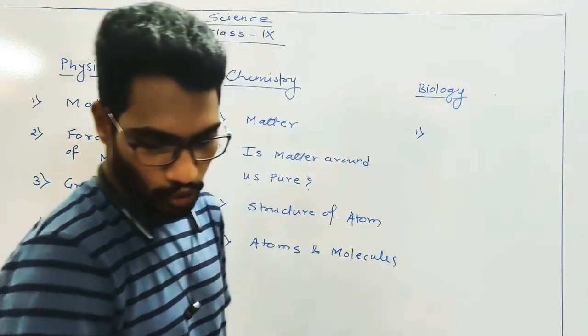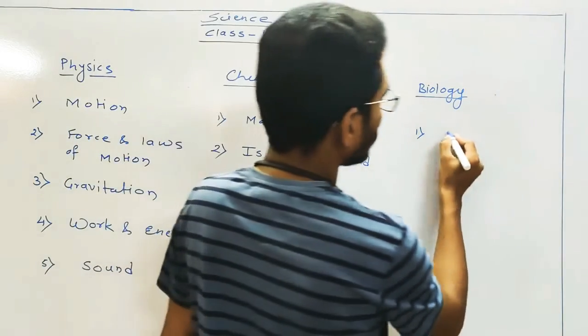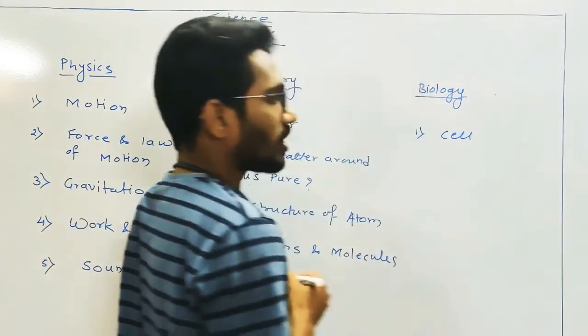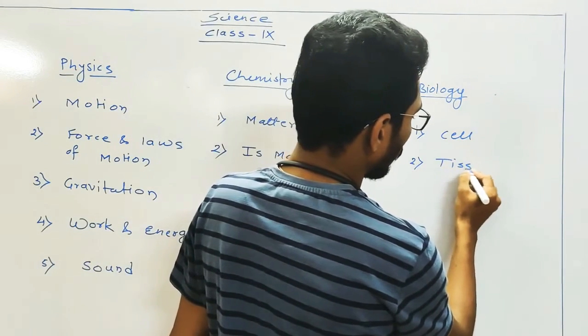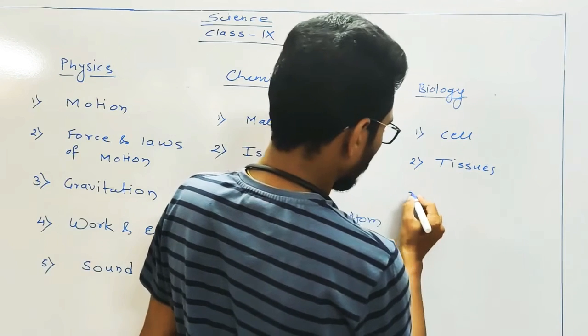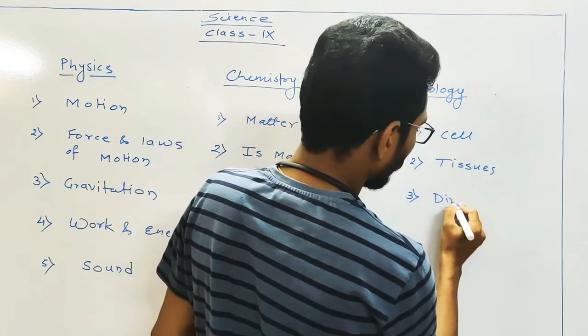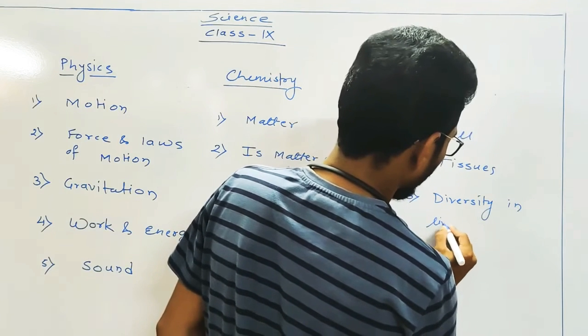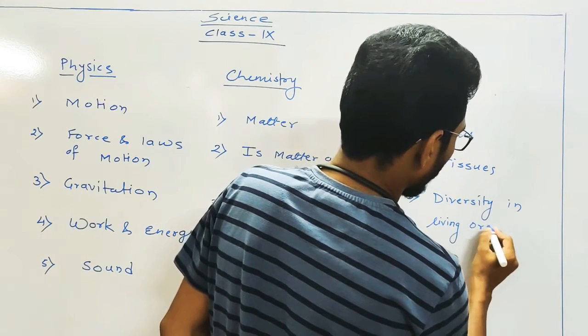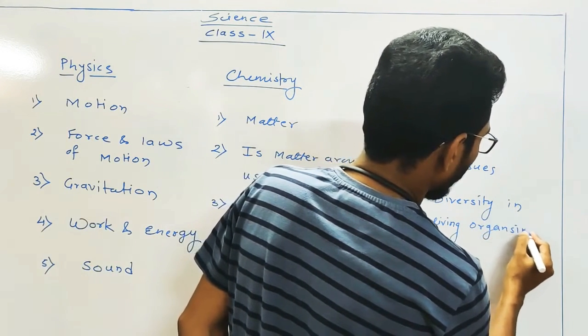If you are talking about the biology chapters, your first chapter is cell, the fundamental unit of life. Number 2, tissues. Number 3, diversity in living organisms.